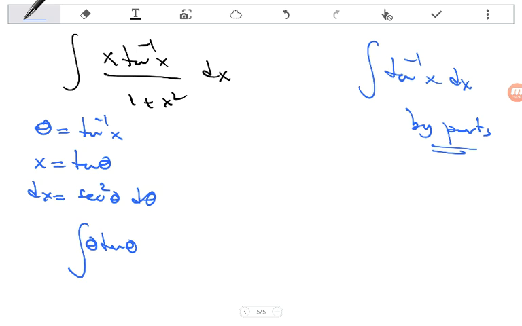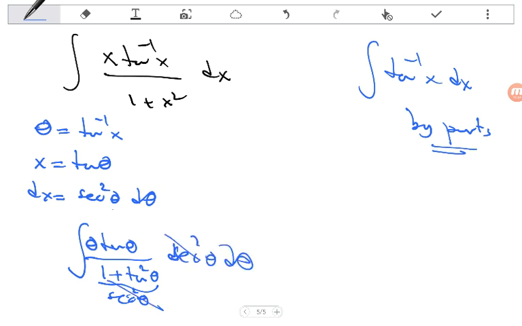I just put it here, divided by 1 plus x squared, which is 1 plus tan squared theta. What is 1 plus tan squared theta? It is sec squared theta. And we replace the dx with sec squared theta d theta. Yes, this will be cancelled with this. So what will remain is the integration of theta tan theta d theta.